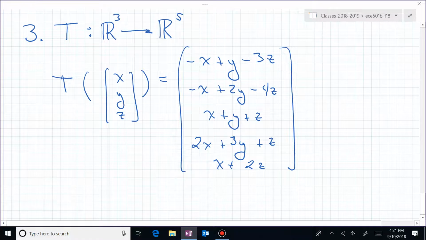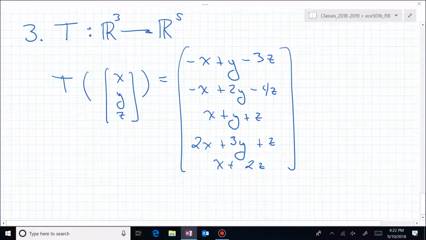And now what do we need? You could hopefully see how to factor out x, y, z if you wanted to, but what do you need to happen relative to the choice of x, y, and z? Where do you need those to eventually end up? You need them to be in a 5-vector of all zeros, right? So you want x, y, z mapped through T, and this is the mapping.